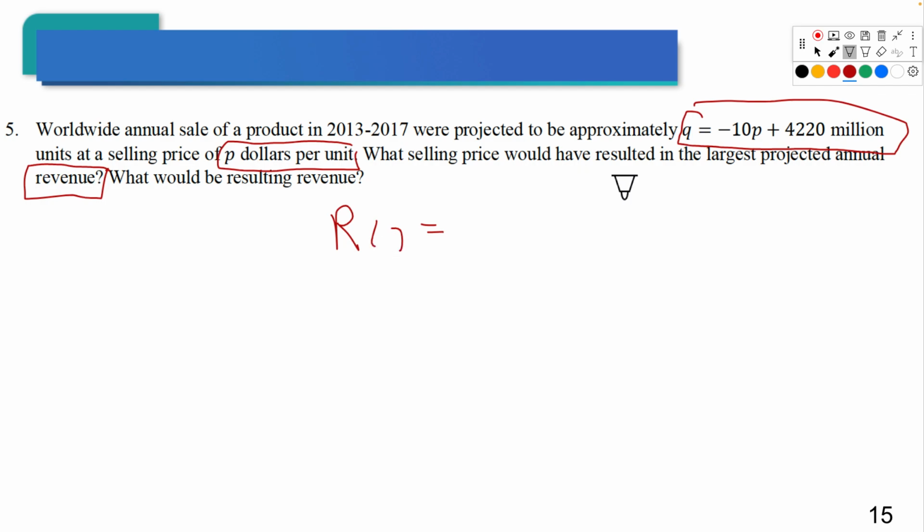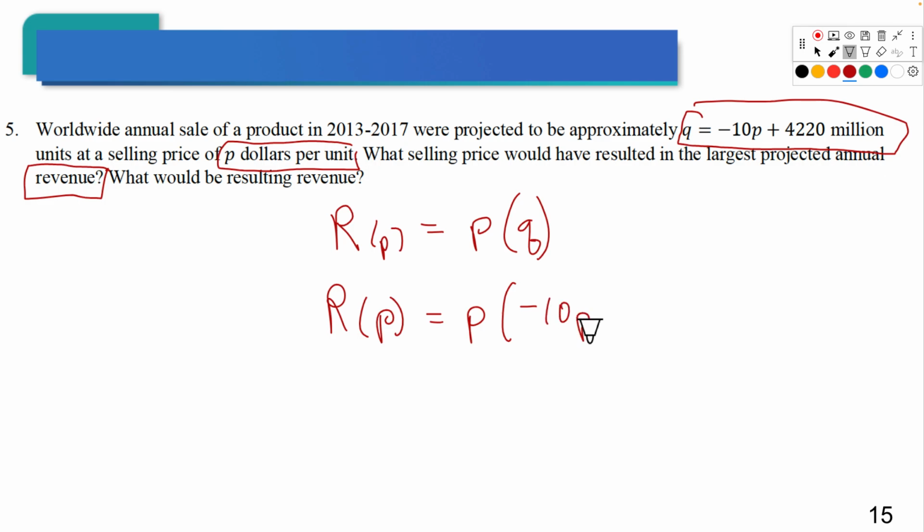Okay, so we know what is the price. Price is just P. What was the amount sold? Q. And so it's going to be a function of P. So revenue in terms of P, and then Q is this function up here. That's why they gave us this other one, minus 10P plus 4220.